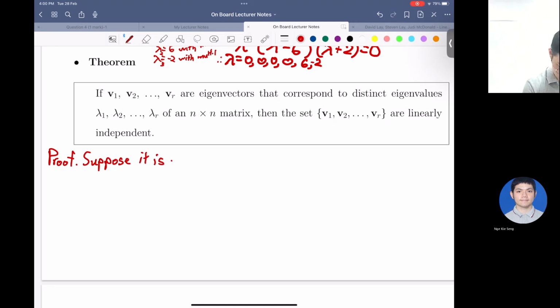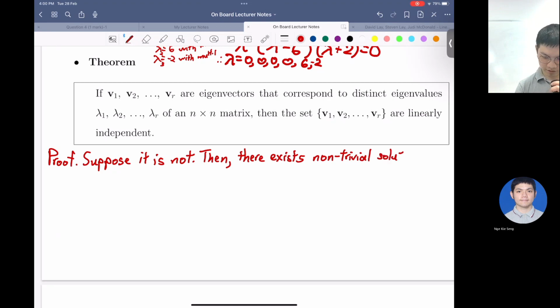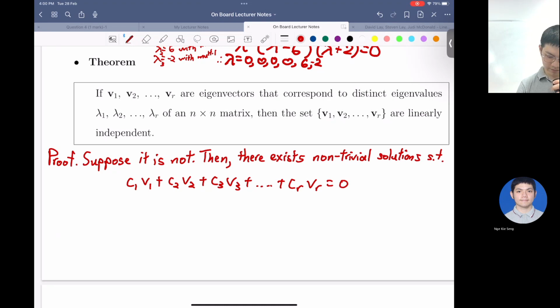Then there exists a non-trivial solution to what equation? Does anyone still remember what equation that is? Such that C1 V1 plus C2 V2 plus C3 V3 plus dot dot dot plus Cr Vr is equal to 0. So there's a non-trivial solution to this equation.